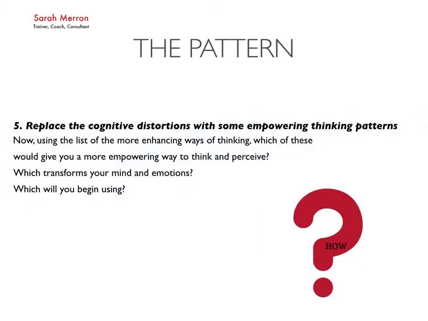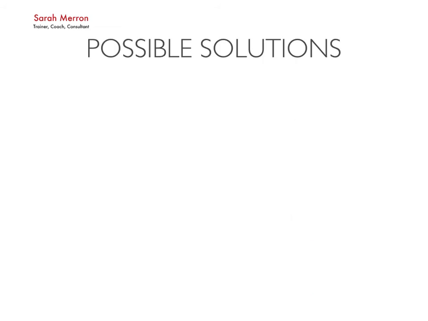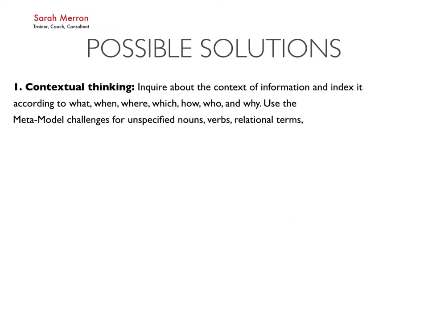And here it is. So the first one is contextual thinking. So you've done this before because we've done context reframe. So say, okay, so you're thinking about this particular awful situation in the context of your work. And then you want to build details around that.